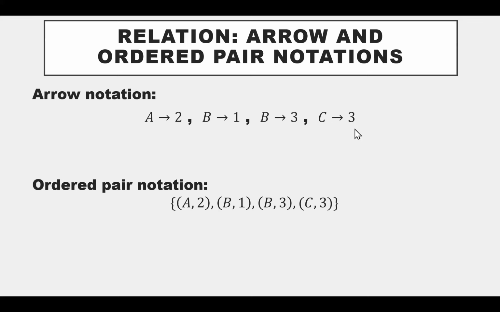C being sent to 3 would be C, comma, 3 as an ordered pair. Once again, the inputs are always the first elements, the outputs are the second elements. And in this case, I have typed set brackets around the entire ordered pair set.